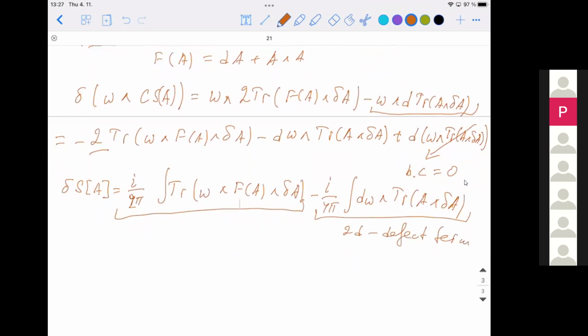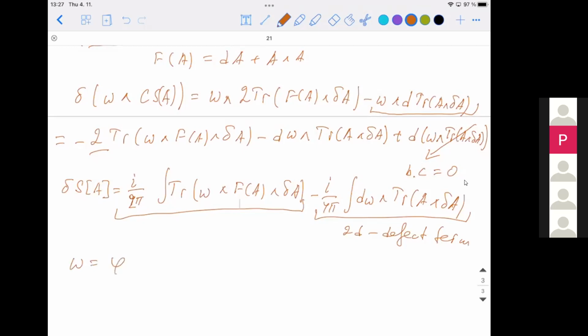We will talk about this later. Just a quick note here: omega is f z dz. That means that we can only take dz bar.